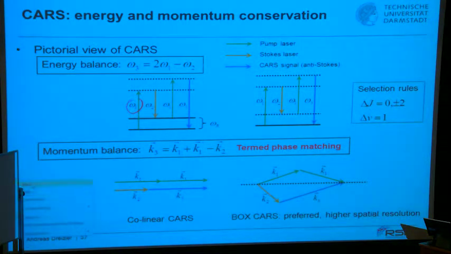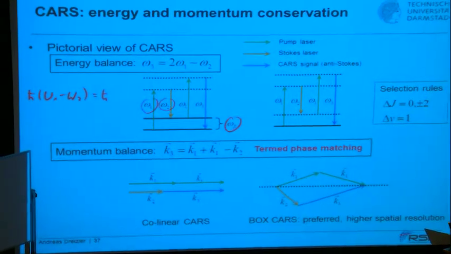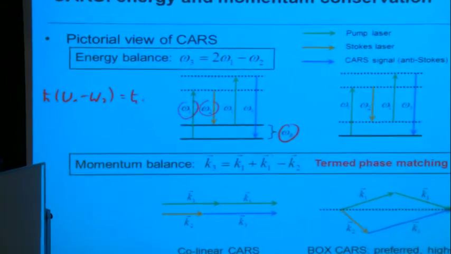What you do is, simultaneously to that photon, you shine in a second photon with a frequency such that the difference between these two frequencies, I should give you the mathematics about it now, is exactly the frequency of this, for example, vibration, or it could be a rotation as well.